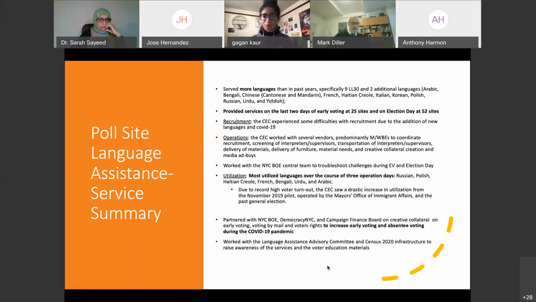So that was a collective decision the team had to make around closing that site earlier as opposed to staying open throughout the day. It's important for us to also prioritize the health and safety of interpreters, but also the morale of interpreters, because these are the same folks that we want to work with through the cycles.